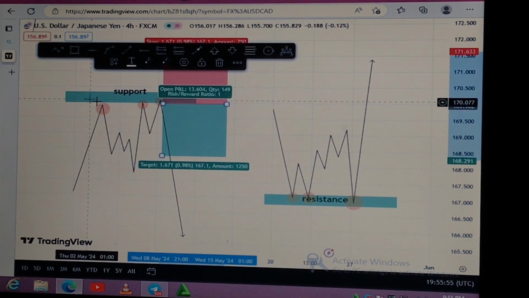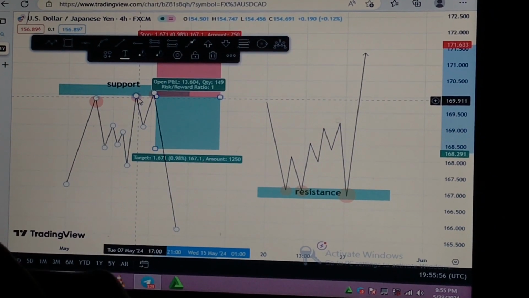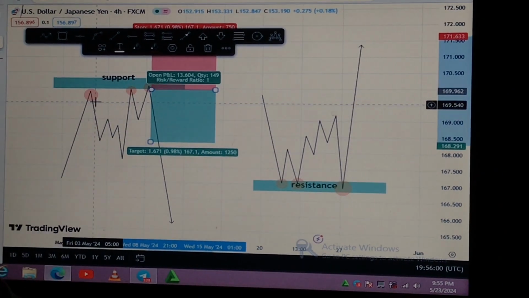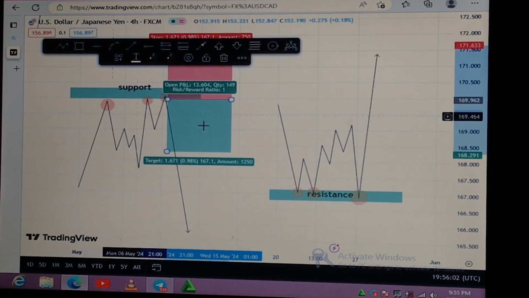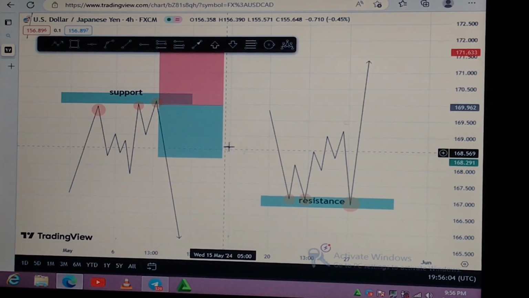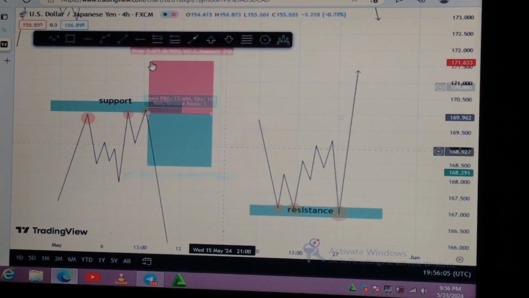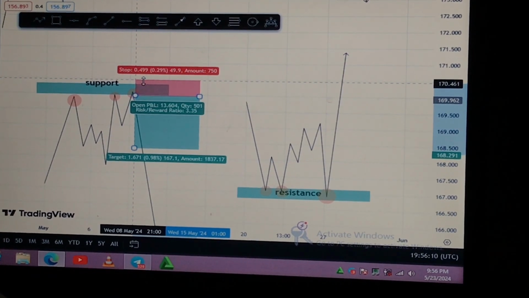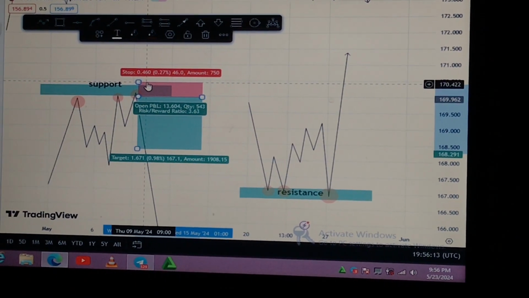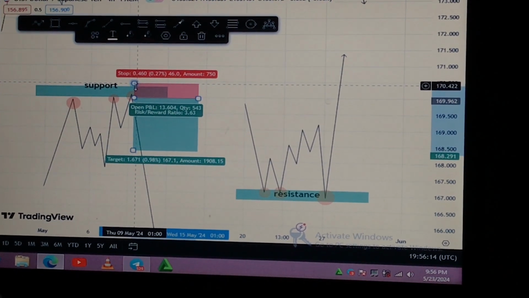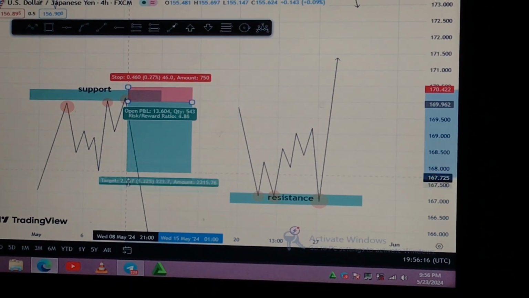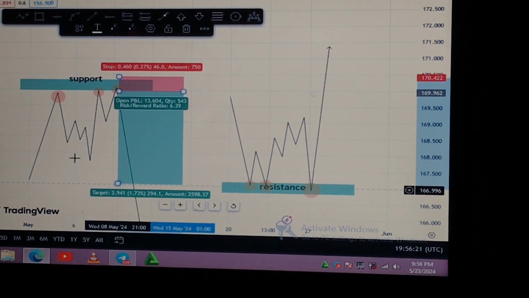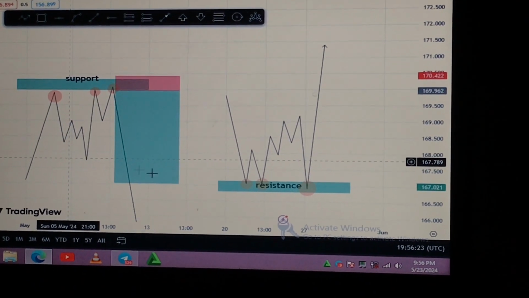The market came and rejected at the same area where it rejected previously. As the market comes back, that's when you take your selling opportunity. You put your stop loss above your support, you take your entry, then boom, you ate.